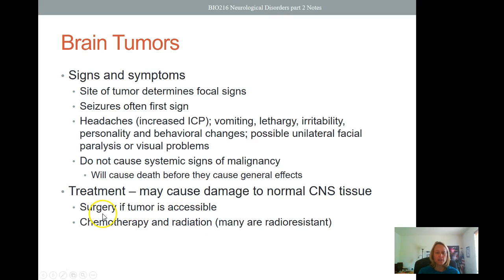They do not cause any systemic signs of malignancy because they usually cause death before they cause general effects. Treatment may cause damage to normal central nervous system tissue. Surgery is an option if the tumor is accessible, and then chemotherapy and radiation if it's not.